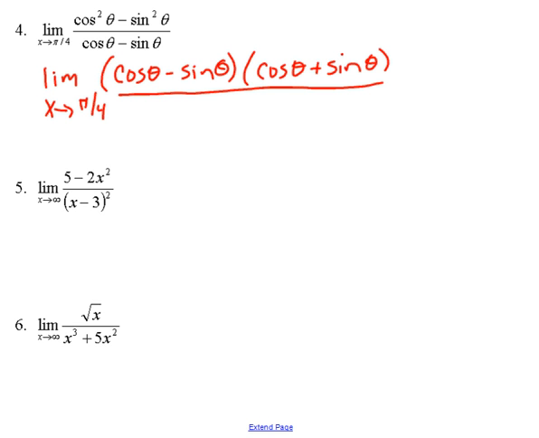And then on the bottom I have cosine theta minus sine theta. And you can see that that's going to cancel off. And now we just go ahead and plug the pi fourths into what's left over.